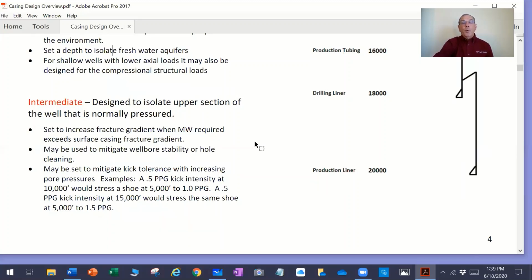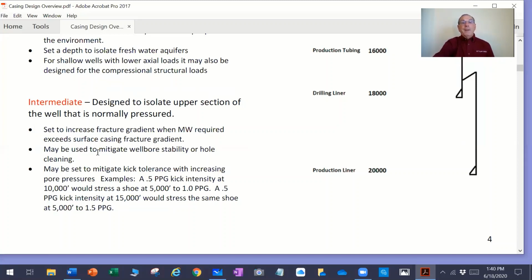Once you get to some point in the well and you have to increase mud weight, your fracture gradient does not allow you to increase mud weight. So you have to set a string of casing to be able to increase your mud weight without losing returns. So it's set to increase the fracture gradient when the mud weight required exceeds the surface casing fracture gradient.